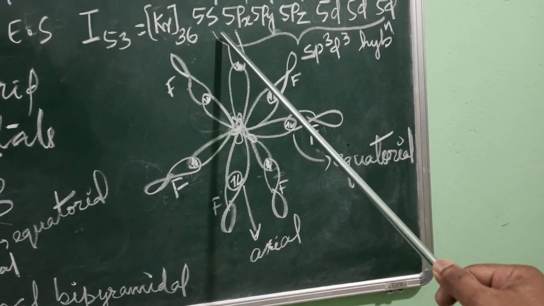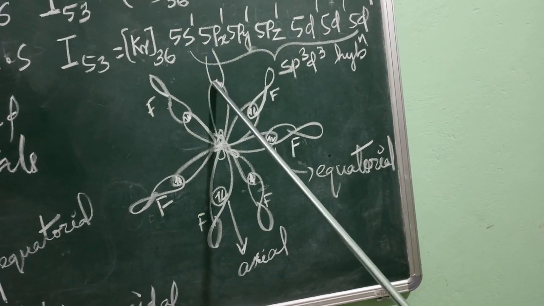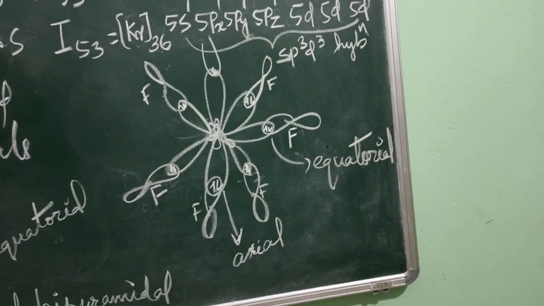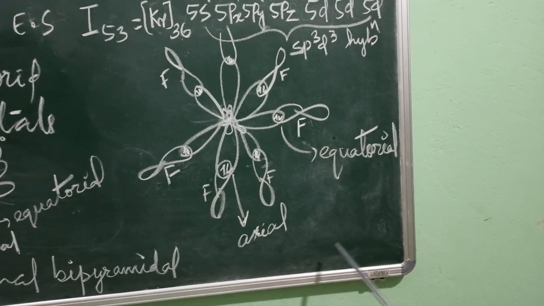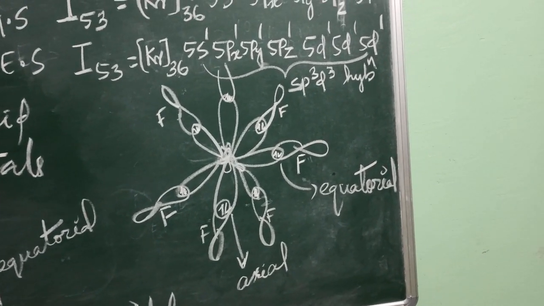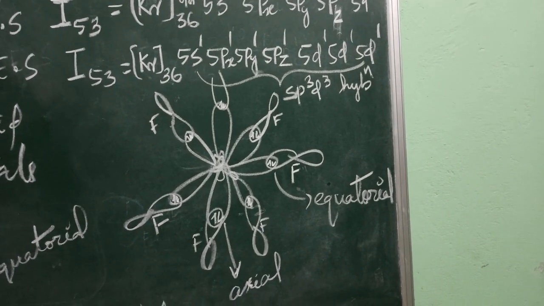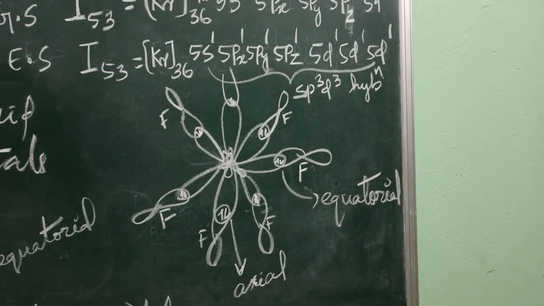Due to lack of space, I have not shown you the p orbital of this fluorine atom. So this is the angle and this is the bond pattern. This is the structure of iodine heptafluoride. Let us make a model, and further we will explain.